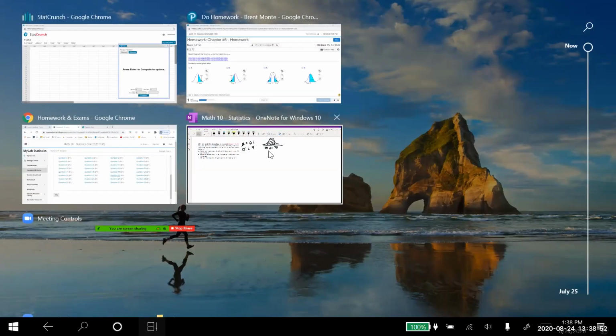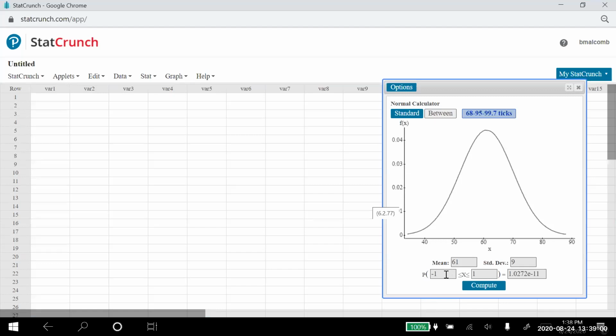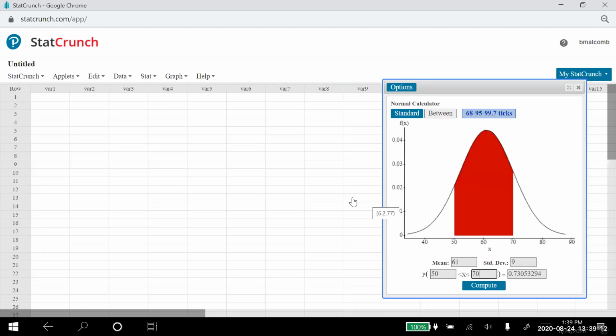Let's see. Oh, between 50 and 70. That was easy enough. So we have to click between, 50. Oops, the negative's still there. Let's go back. Between 50 and 70. And all I hit is compute, and it's going to give me the value.